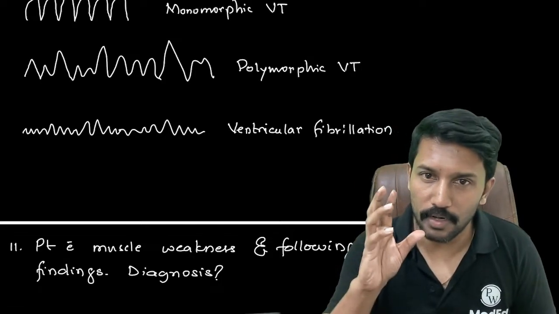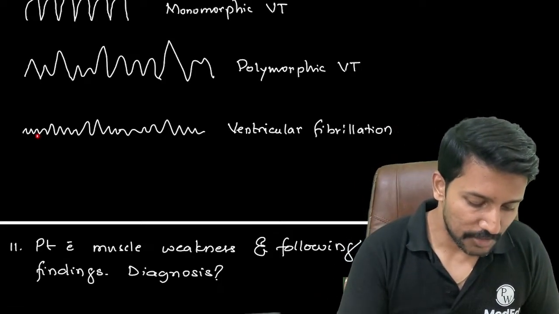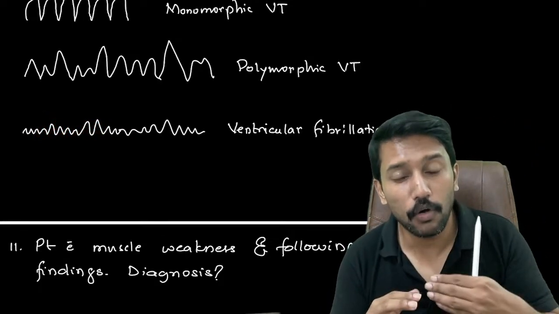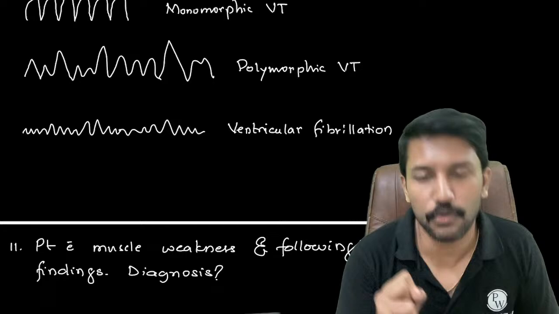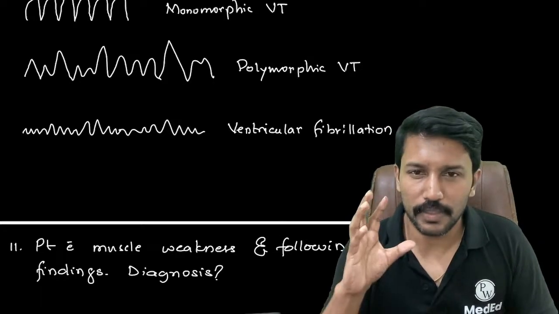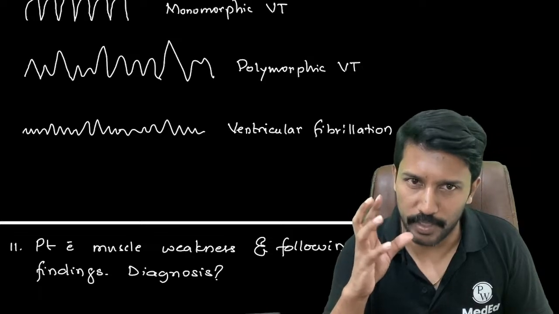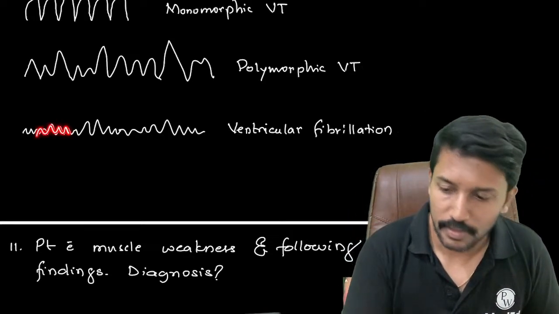Why is it not able to contract? Because the electrical impulses delivered to it for its depolarization are not of sufficient amplitude for it to be able to contract. That is why whatever little electricity it is getting, it is only shaking or vibrating. That is why the amplitude will be smaller.